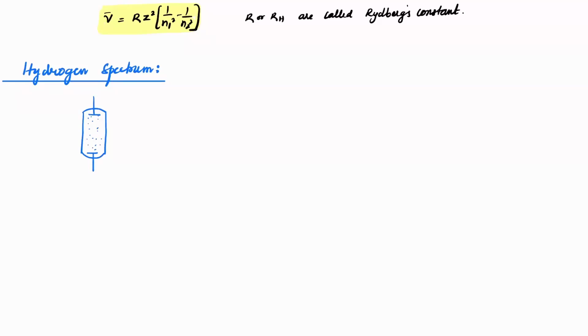If these high energy hydrogen atoms emit some radiation, and you let this radiation pass through a small vent and then fall on a prism, it will start refracting into various colors.